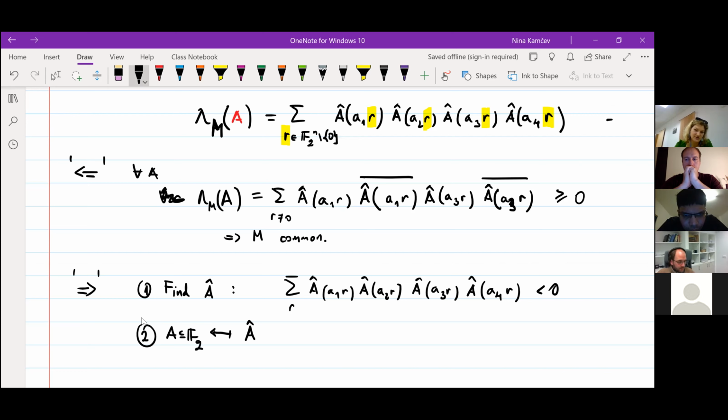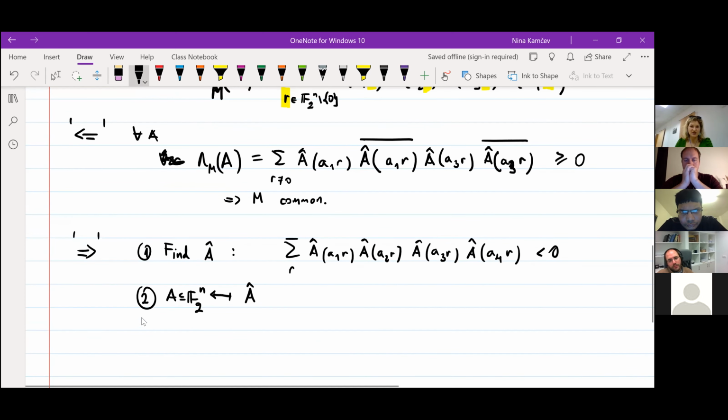Strictly speaking, this can't be done, because when you take A hat and apply the inverse Fourier transform, you actually get a function rather than a set. But this is a very neat but standard trick in additive combinatorics. So I'm going to focus on this first step, how to find the A hat which makes this entire thing negative. And that's the really nice idea of Fox, Pham, and Zhao.